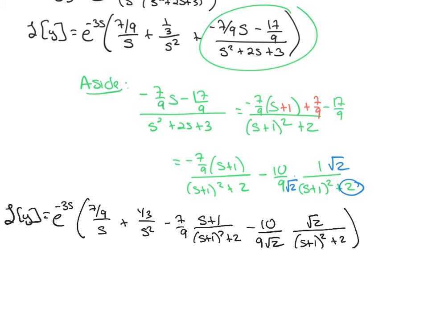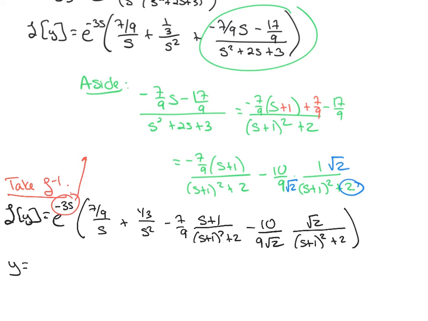Okay. Taking the inverse Laplace of both sides, we have inverse Laplace of the Laplace of y is y. E to the negative 3s, here's what I want you to remember. E to the negative 3s means you're going to do two things.